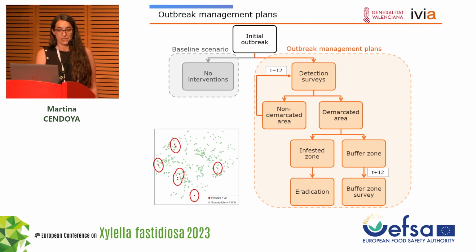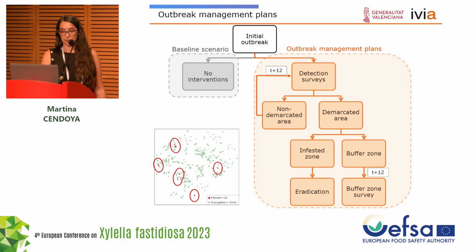Then, from this initial outbreak, on one side we will have this baseline scenario without intervention, and on the other side, we will have the outbreak management plans. In these plans, the surveys will be implemented each year following the legislation. First we will implement a detection survey in the whole study area, and based on the detections, we will delimit the demarcated area, which consists of an infested zone and a surrounding buffer zone.